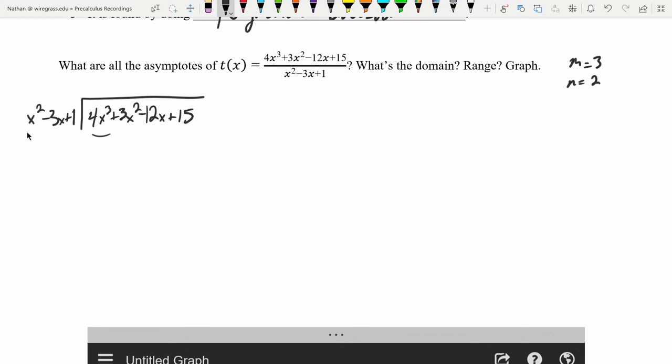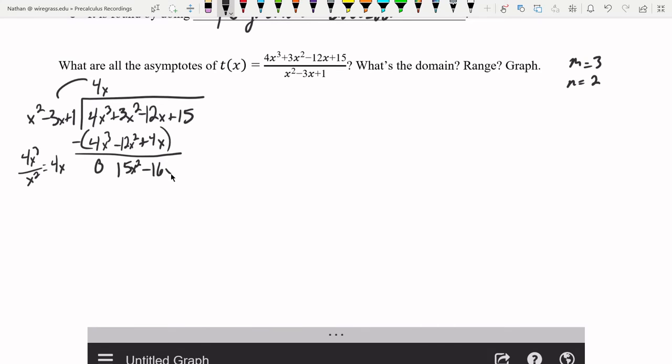Okay, divide the first two terms, 4x cubed over x squared equals 4x, and distribute it in. That's going to give us 4x cubed minus 12x squared plus 4x, and subtract. 0 plus 15x squared minus 16x.